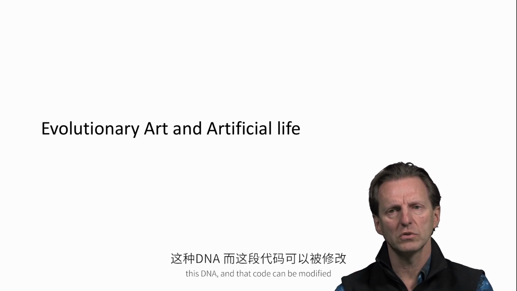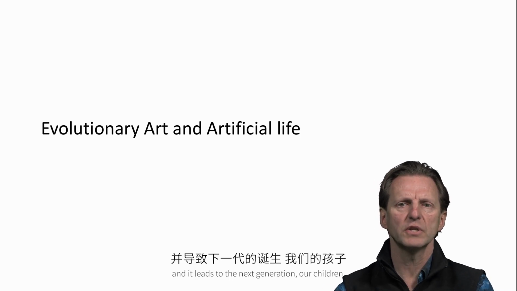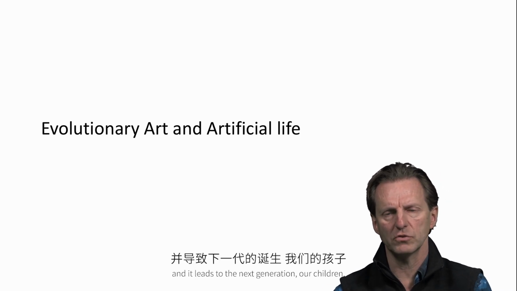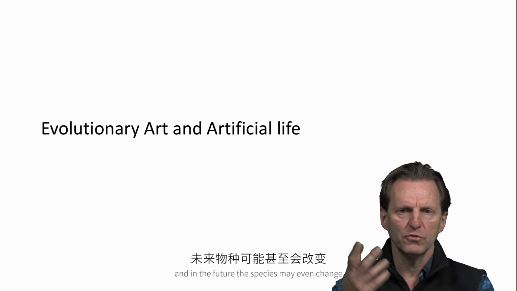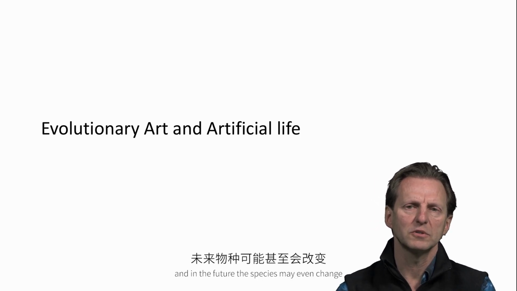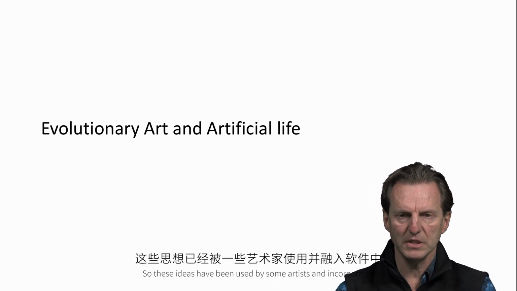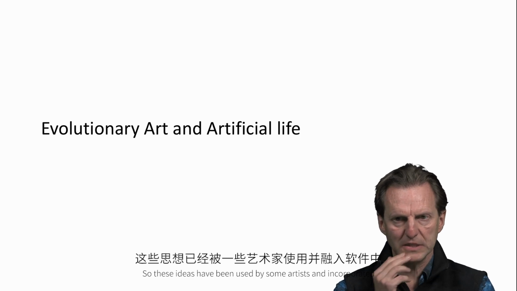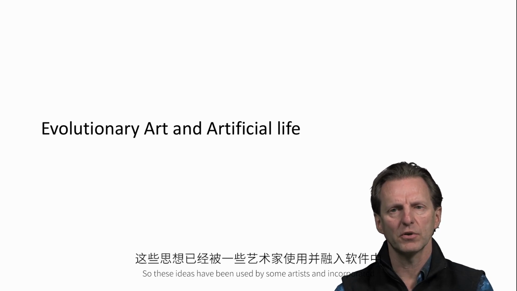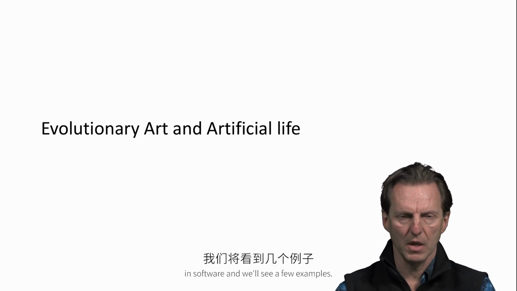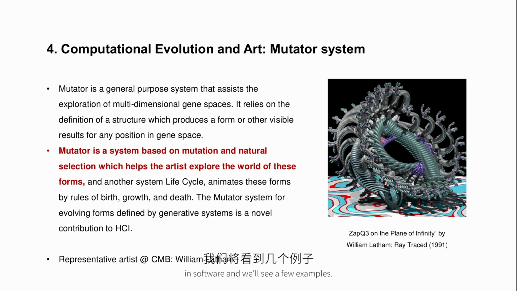And that code can be modified, and it leads to the next generation, our children, and in the future, the species may even change and become a different type of species. So these ideas have been used by some artists and incorporated in software, and we'll see a few examples.